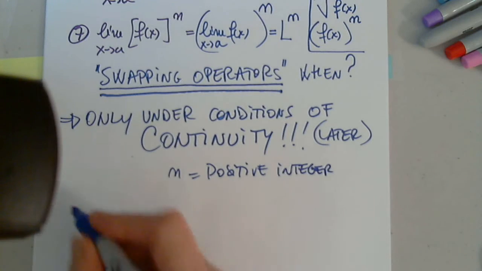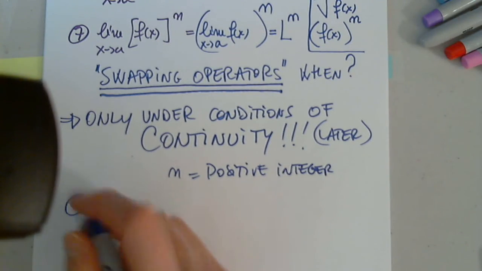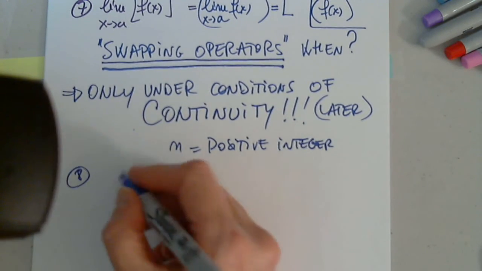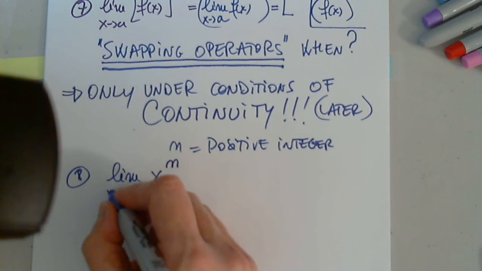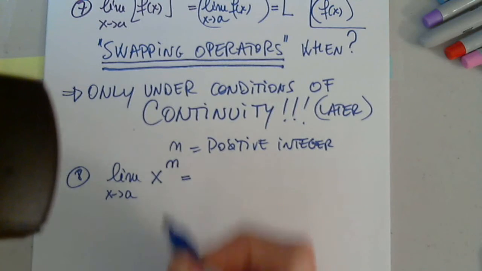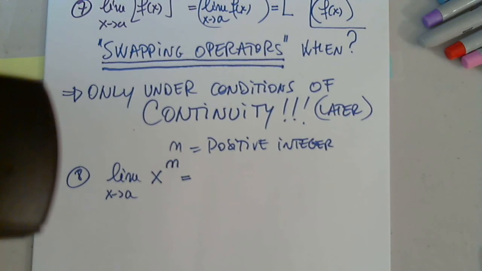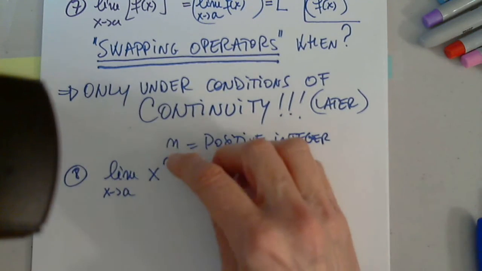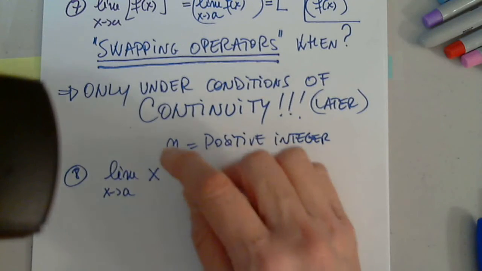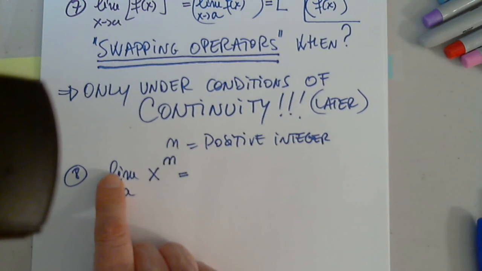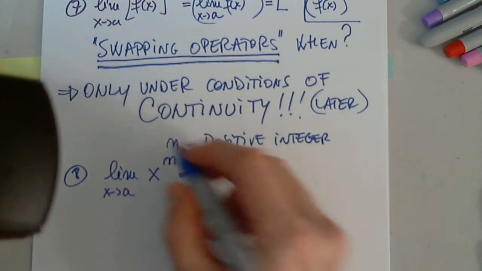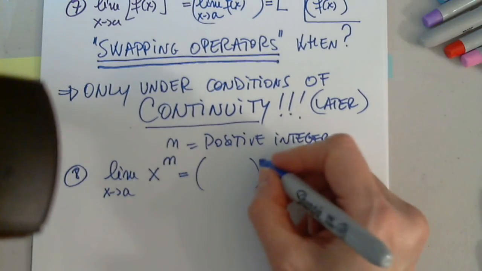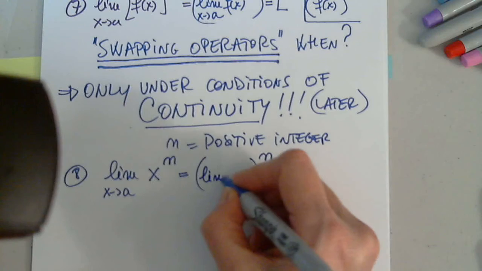Okay, moving on. I think this is 8. So we have limit of x to the nth power as x approaches a. Again, we have an outer operator, an inner operator, and an outer operator. I will swap under conditions of continuity. I will swap the operators and have this.